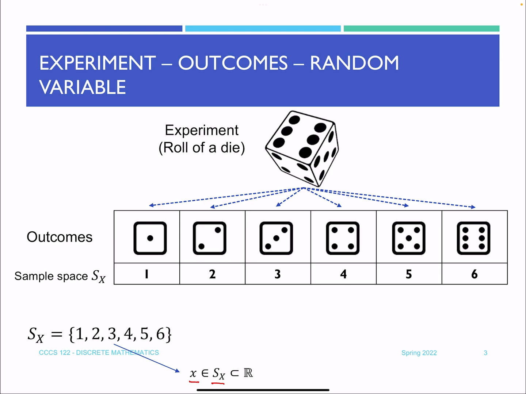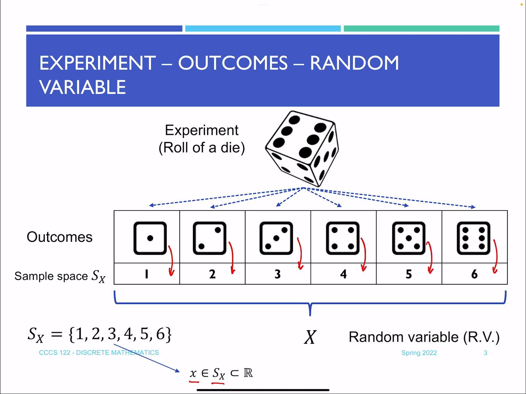Now, this mapping that is happening here from outcomes to numbers has a name as well. We call that a random variable.